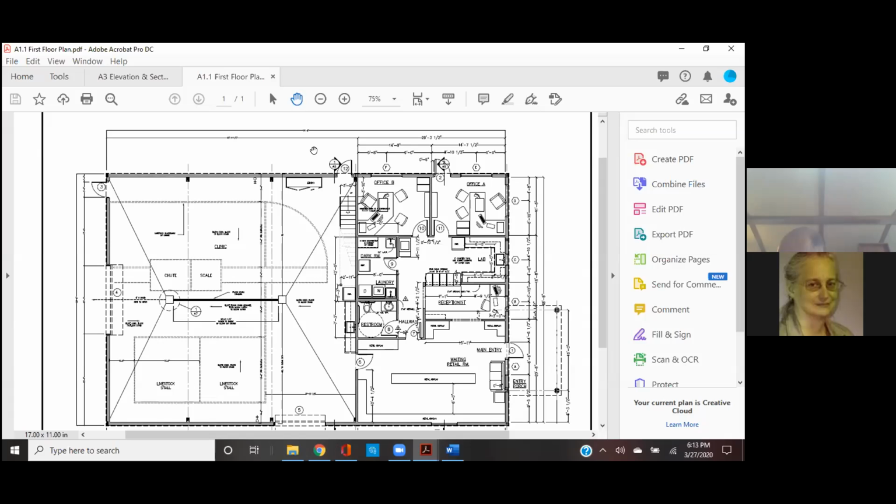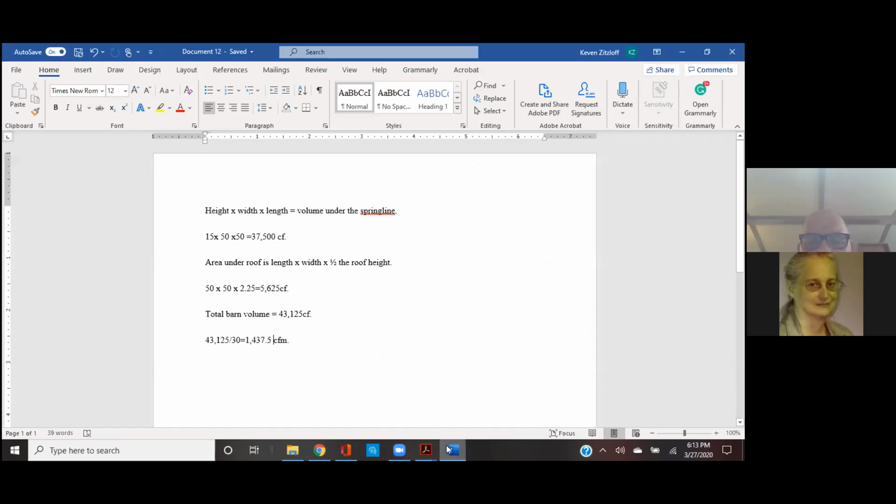Okay, so let's do the calculations for the cubic volume of the clinic. 30 times 50 times 9. That comes up to 1,350. Oh, I better write that down. Okay, so clinic area.